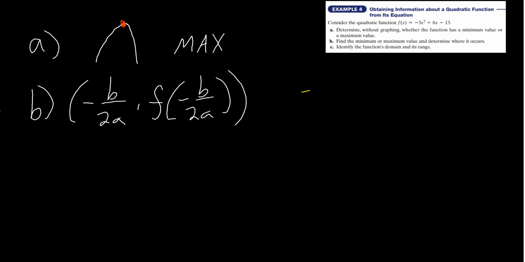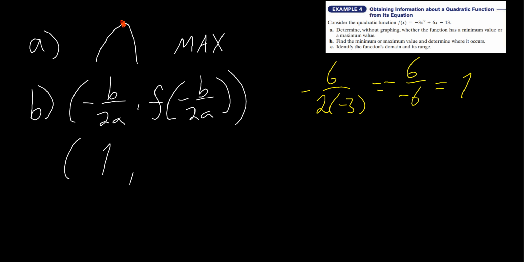It's going to be negative b, which is 6, over 2a, so 2 times negative 3. 2 times negative 3 is negative 6. Then we have negative 6 over negative 6, so it's going to be negative 1, which is going to be positive 1. So my x value is positive 1. Then we're going to figure out what my function is at 1. We're just going to do f of 1, which is negative 3 times 1 squared plus 6 times 1 minus 13.